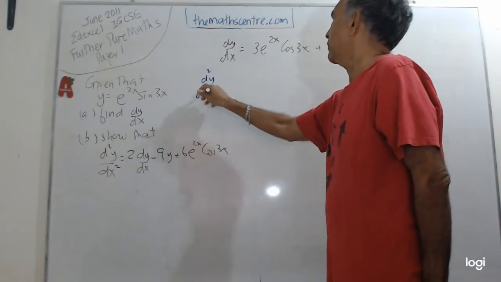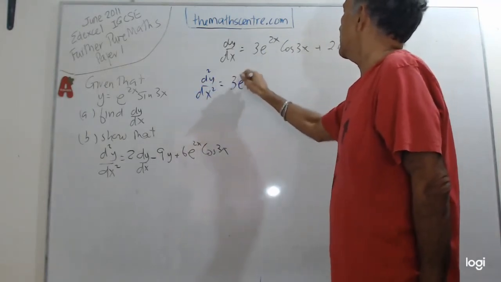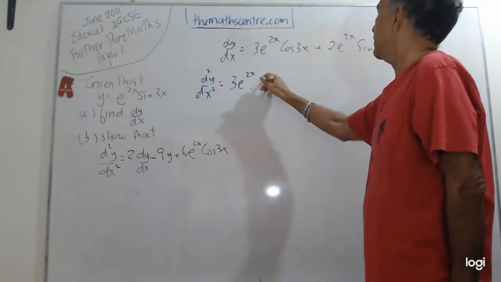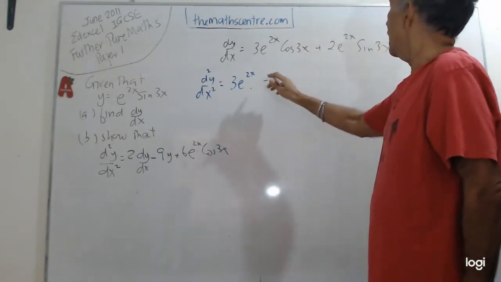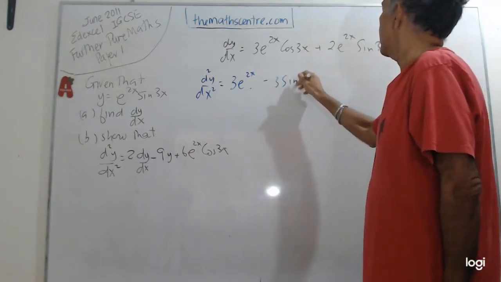For d2y/dx squared, I'm going to write my first term, 3e to the power of 2x, times the derivative of cos 3x, which is minus 3 sine 3x.